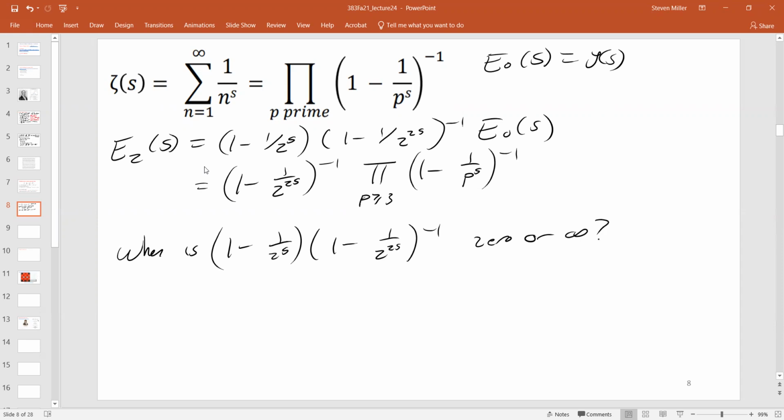What values of s do I have to worry about? s equals 0. What else? If s equals 1/2, why is that bad? Maybe it's not, because 2 to the s equals 1 there, so that's fine. Yep. So s equals 0 is bad.